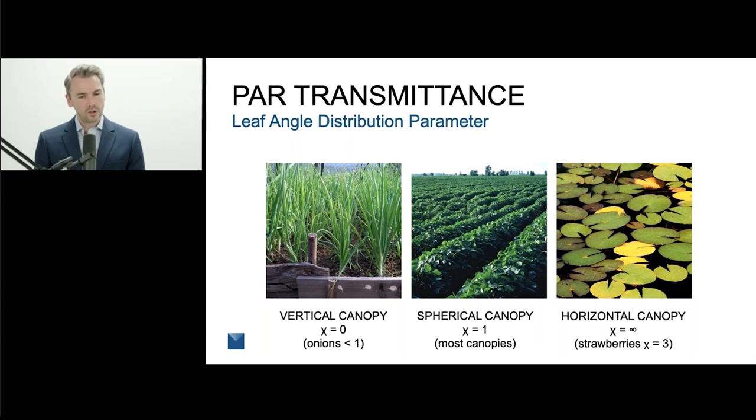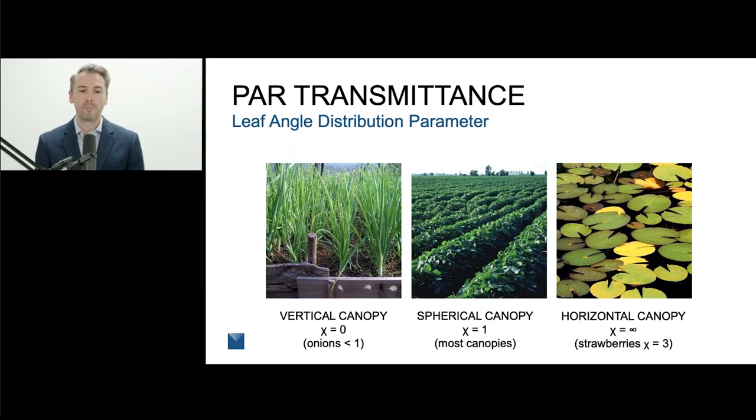And we're not going to get into this too terribly much, but essentially if you take a leaf from your canopy at the angles that it exists at in your canopy, and you project that onto some surface, you can get a measurement of both the horizontal and the vertical components of that projection. This chi value is then simply the ratio of your horizontal components to your vertical components.